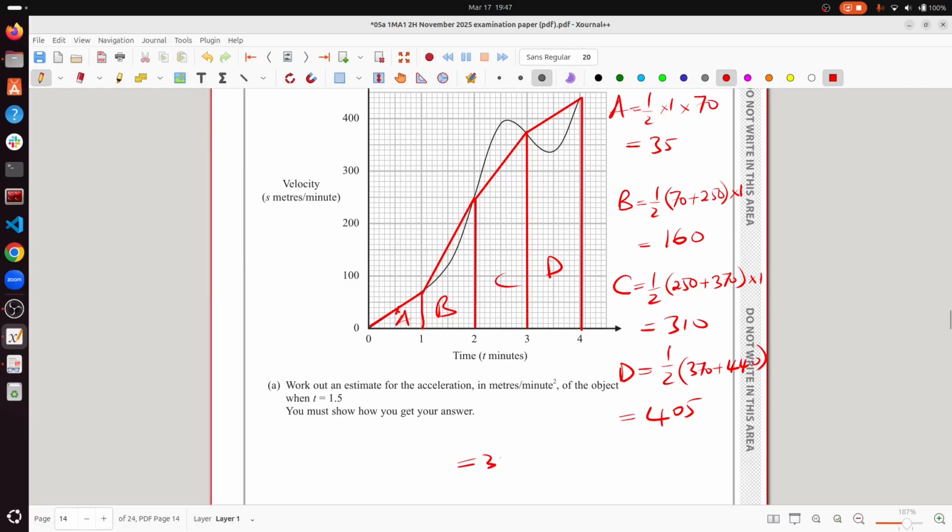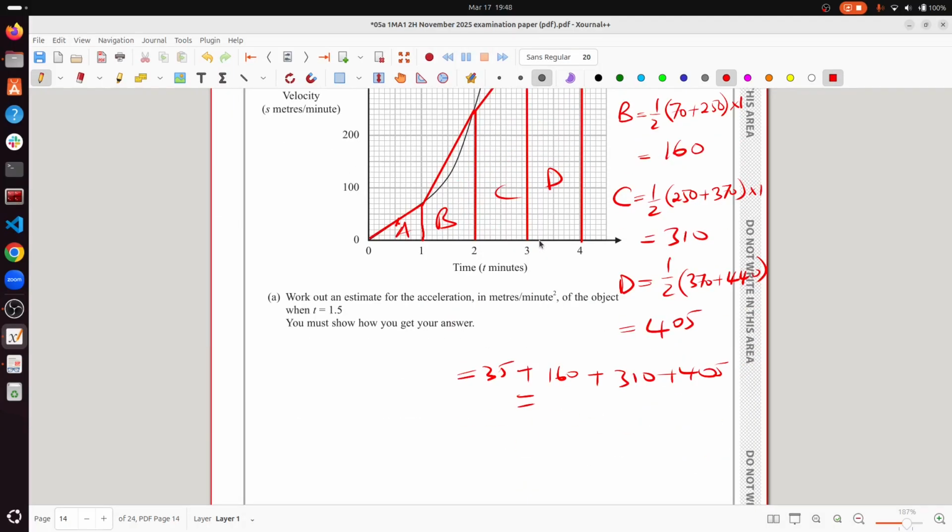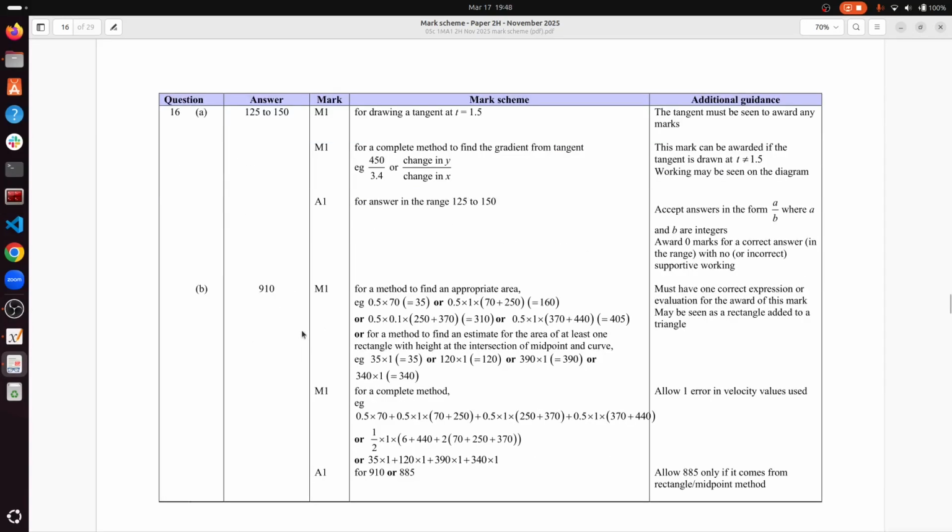So that is 35 plus 160 plus 310 plus 405, which gives you 910. And that's my answer. We have that as 910. So we could either get 885 if you were to use a different shape to calculate your area under it, because it was an estimate.